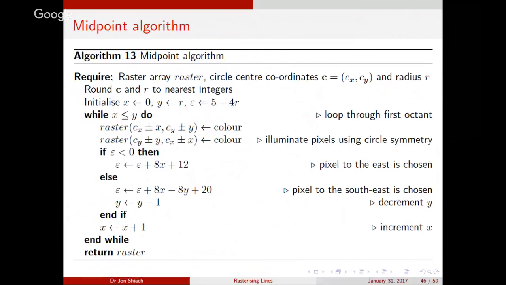And our initial error is 5 minus 4r. That would be 5 minus 4 times 9, which is 5 minus 36, which is minus 31. I'm going to resort to a calculator, I'm afraid. All right, okay, so those are our starting values.